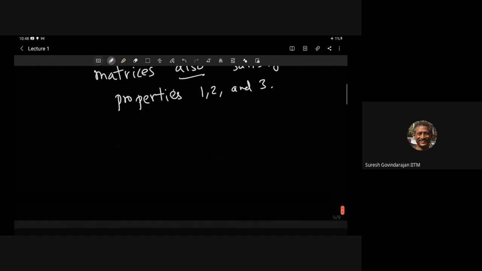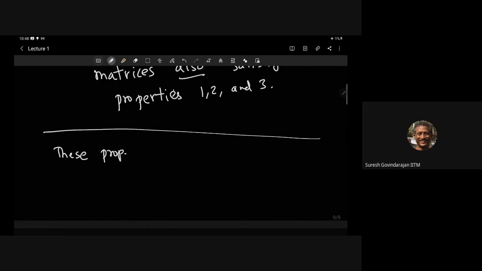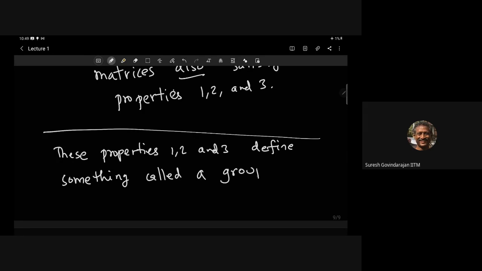Okay, so these properties 1, 2, and 3, okay, define something called a group. Okay, so this is a well-defined object.